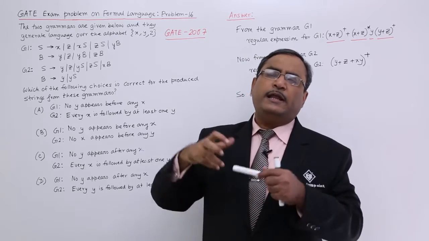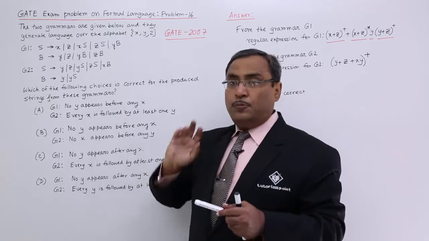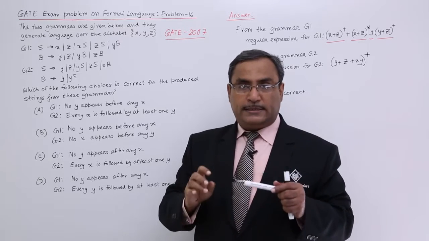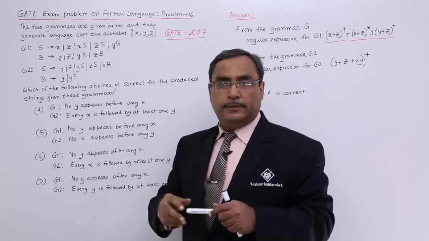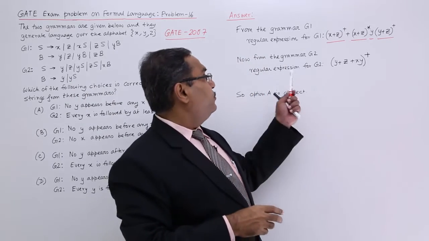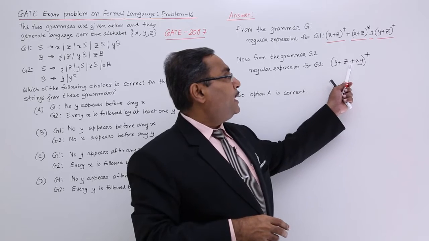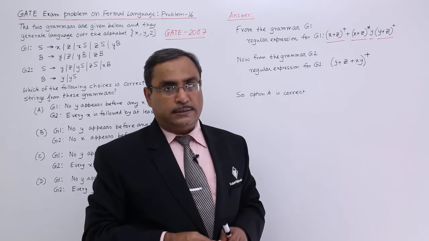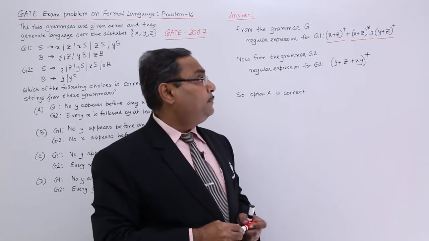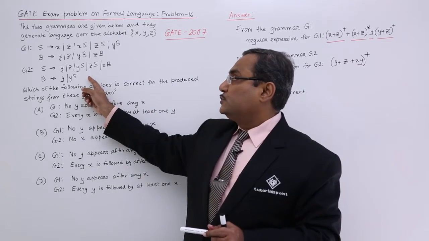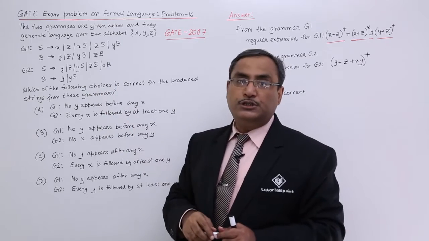So they will make different kinds of strings. They cannot produce null, but they can produce strings over Y, Z and XY. That means the string generated by grammar G2 will be (Y+Z+XY)+. That will be the regular expression that can be generated from this grammar G2.